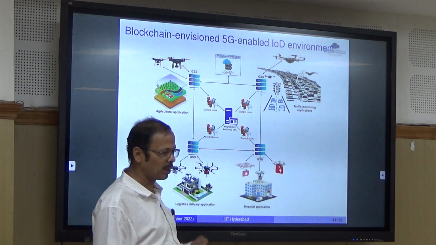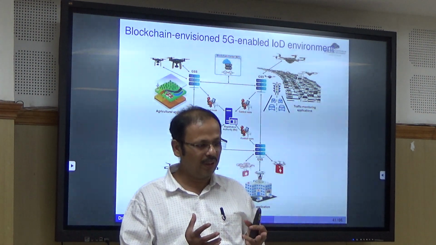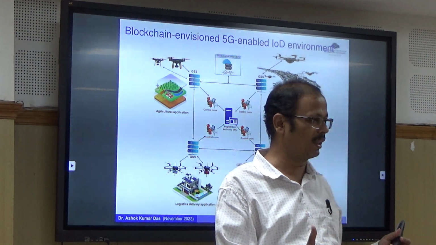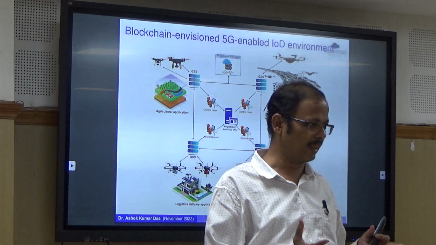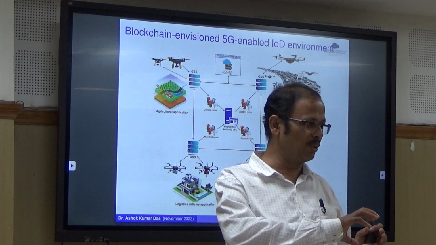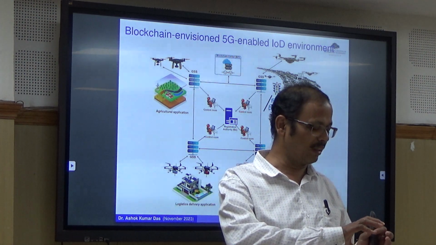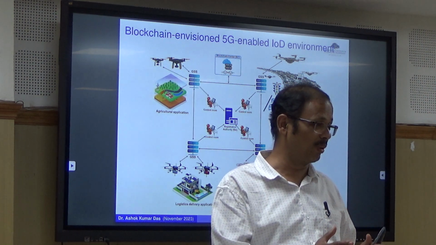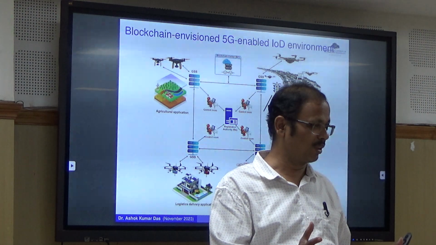So one of the purposes is how to securely gather or collect all the data related to delivery and collection transactions, and all the data in terms of transactions we need to put in the blockchain so that nobody can deny any of these things, and those data can also be used for big data analytics purposes.